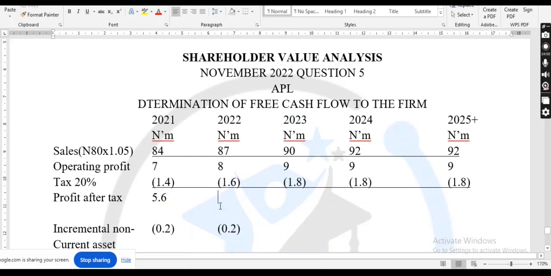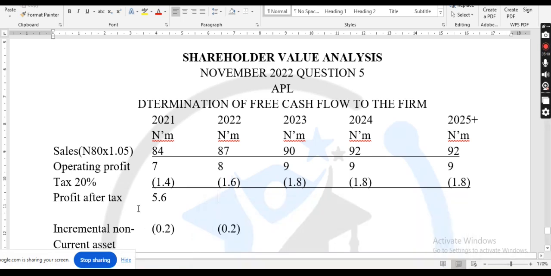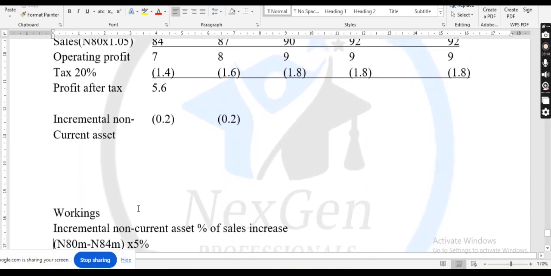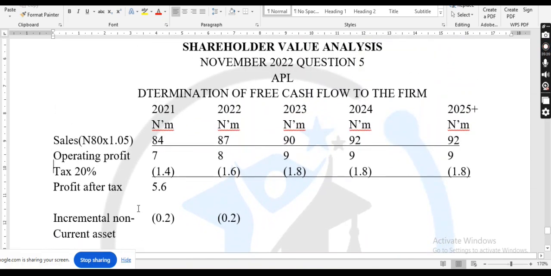Do you have a question? Yes, I have a question. How do you get those operating profit figures? How many percent is the operating profit?